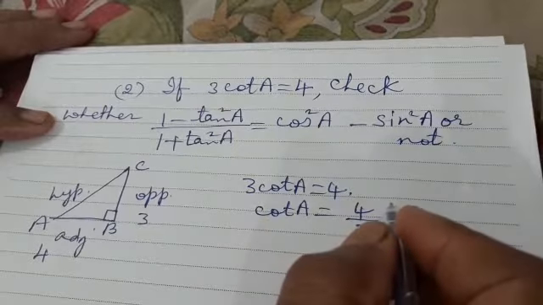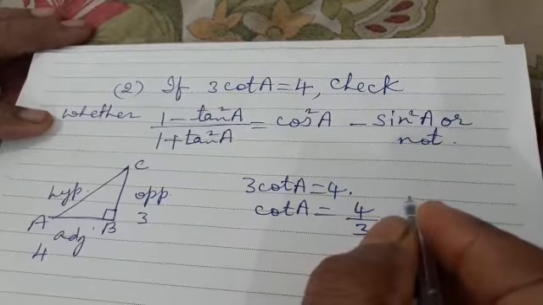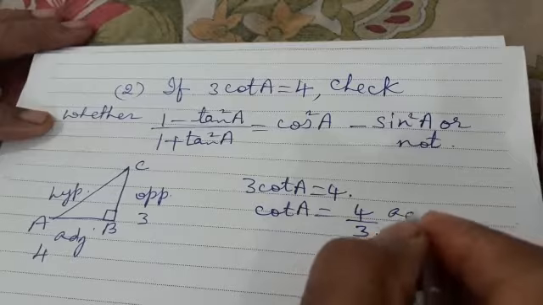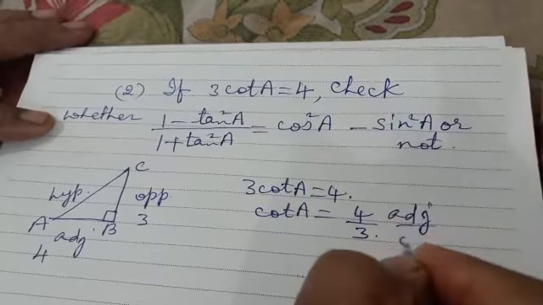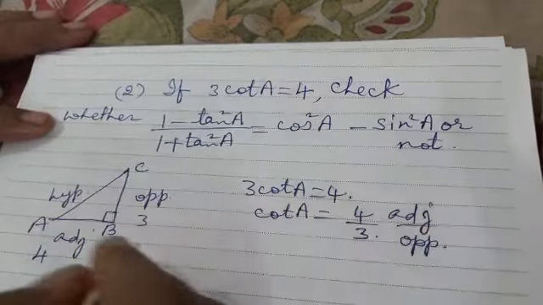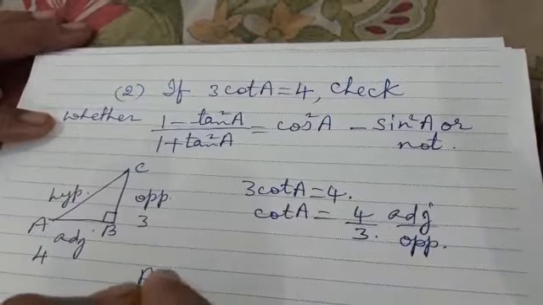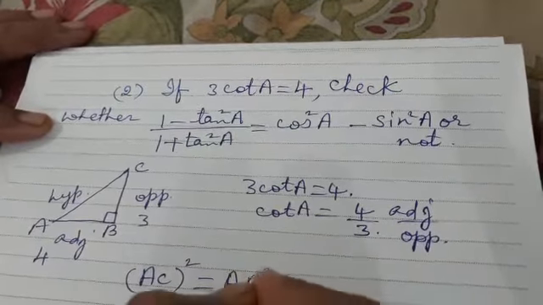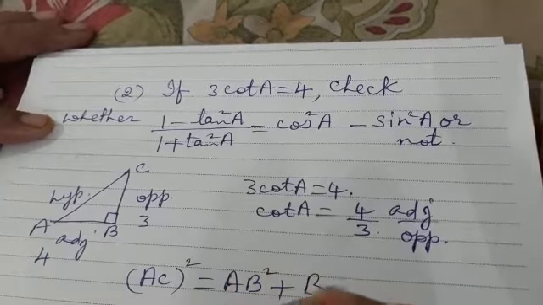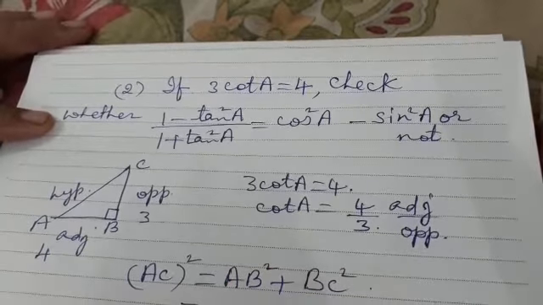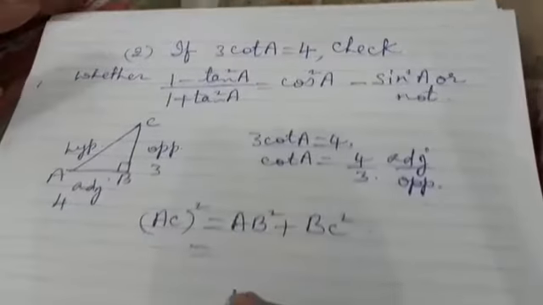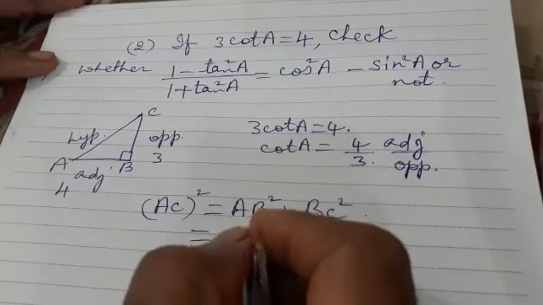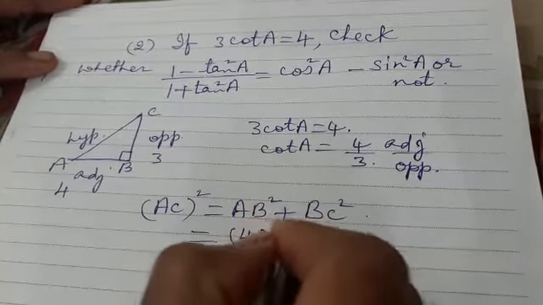So cot is adjacent upon opposite. Now let us use Pythagoras theorem. AC square is equal to AB square plus BC square. AB is 4, so 4 square.